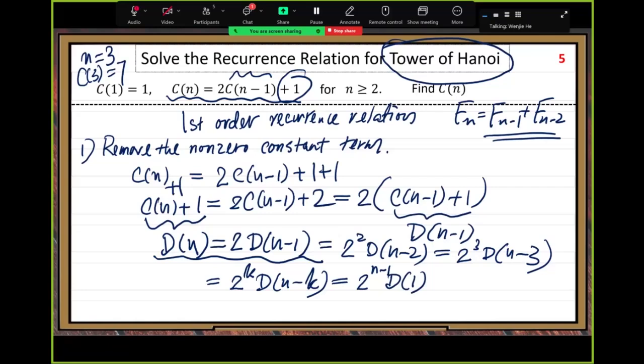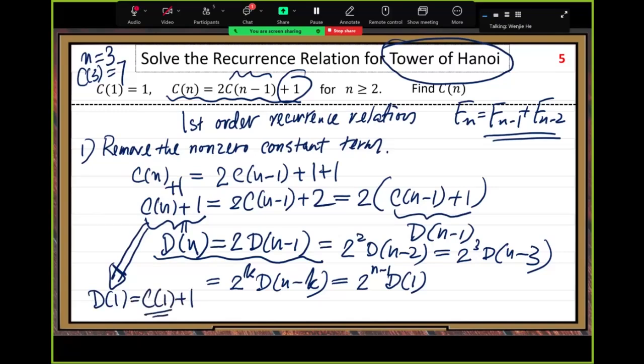Then n minus k is 1. And what is d1? By the definition, d of n equals c of n plus 1. So d of 1 equals c of 1 plus 1.